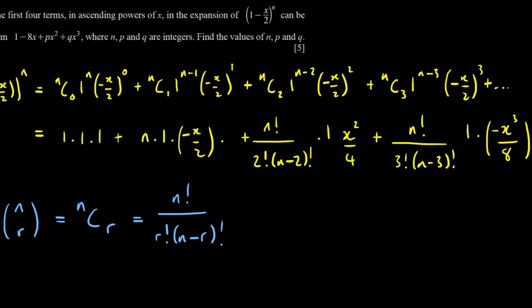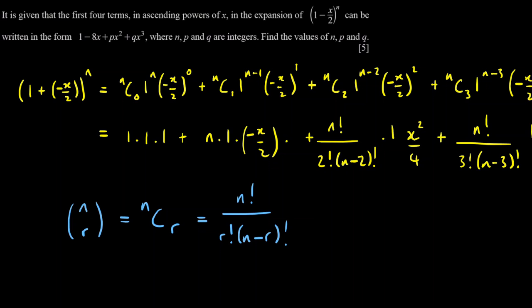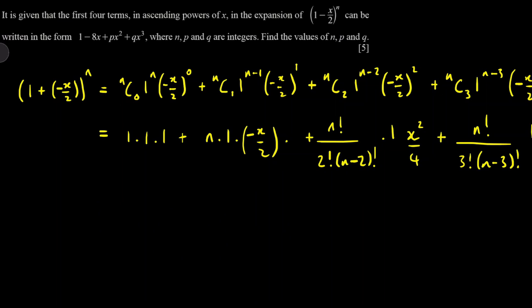Okay, now then, I'm just going to get rid of this here. Sorry about that. I'm going to simplify again. So I've got 1 times 1 times 1. That is 1. If I multiply out the next term, I'm going to get negative a half nx. If I multiply out the next term, the 2 factorial is just 2 times 4. That's going to give me an 8 on the denominator. So I'm going to write that as an eighth times n factorial upon n minus 2 factorial.